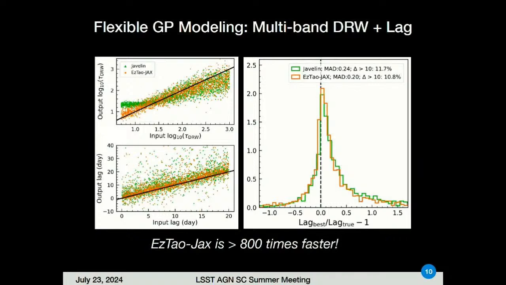I think it is fast enough to do that. I did a really quick calculation for the lag. For 1 million light curves, it only takes 1,300 CPU hours, which is technically nothing.